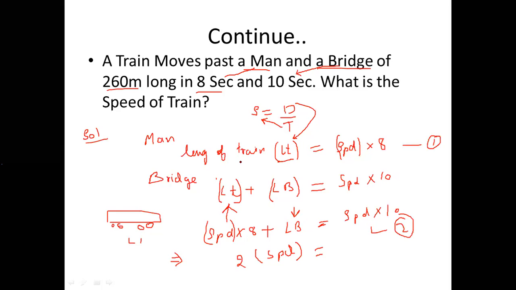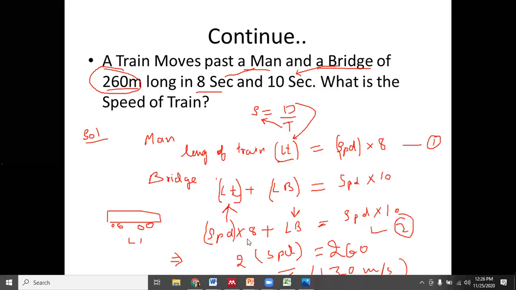LB is given to you, that is the length of the bridge, 260, so that will be 260. So the speed will be 130 meter per second, right? So this is how we solve the problem.